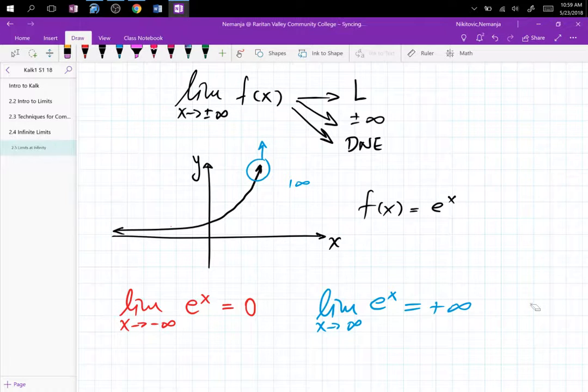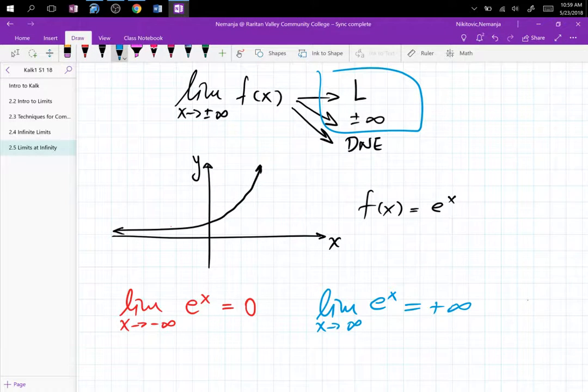So with this one function, I took care of two of the cases that we have most of the time. And in the top case, when the limit at infinity gives you a finite value L, that's the definition for a horizontal asymptote. Your exponential function has an asymptote at y equals 0.